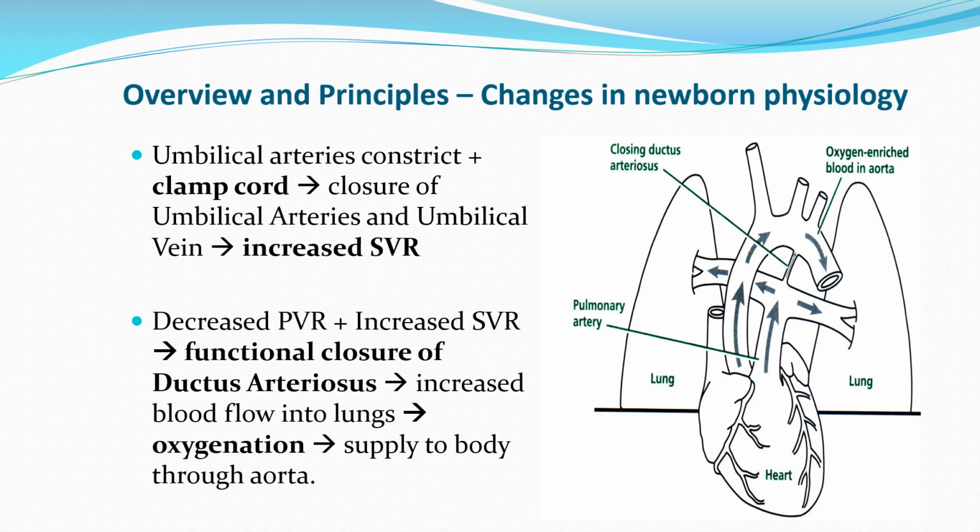There is closure of the umbilical arteries and umbilical vein, and there will be increased systemic vascular resistance. On the other hand, decreased pulmonary vascular resistance with increased systemic vascular resistance causes functional closure of the ductus arteriosus, which increases the blood flow into the lungs, and there will be improvement of oxygenation, and supply to the body through the aorta.